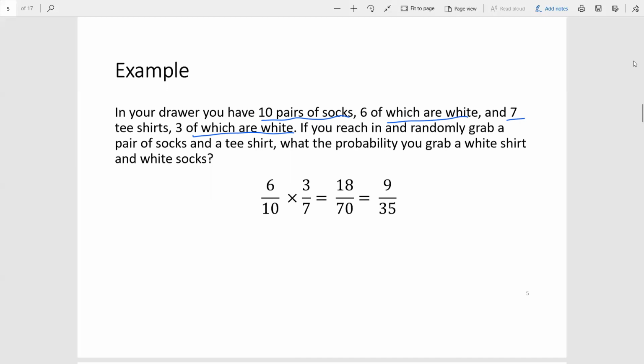It would be 6 out of 10 for the probability of getting a white pair of socks, and 3 out of 7 for the probability of getting a white t-shirt. So you would multiply these 2 together and get 18 divided by 70, which is 9 divided by 35.